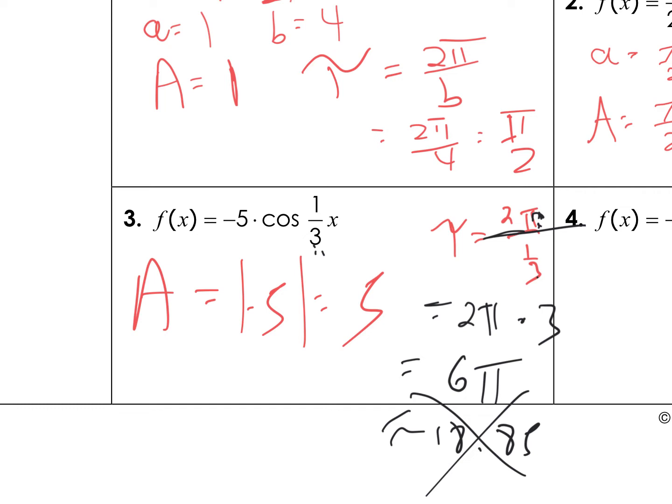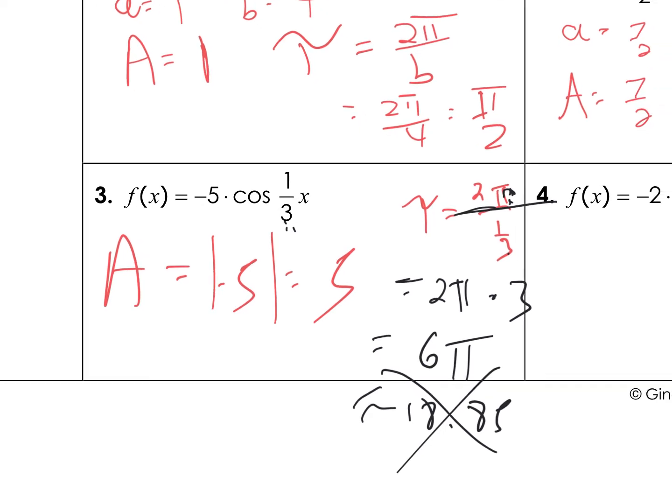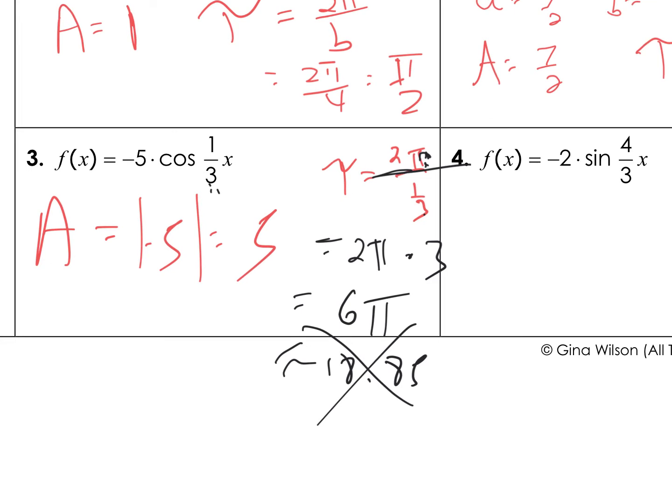So let's look at it: negative 5 cosine of 1/3 x. The period comes from the 2 pi divided by the 1/3, and that's where we got the 6 pi from. So it takes 6 pi radians to draw even one cycle.